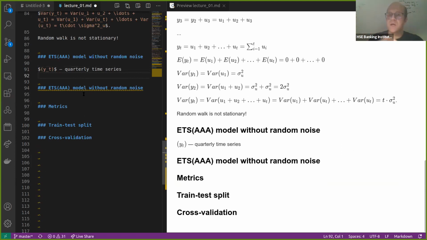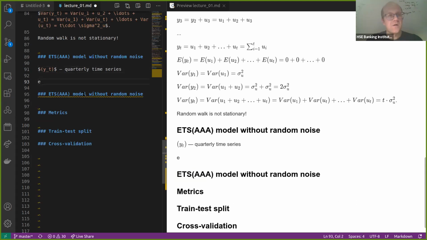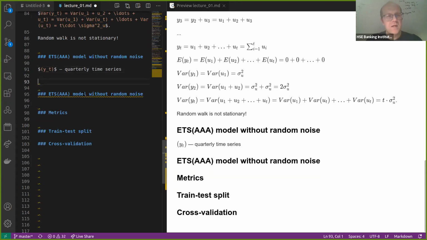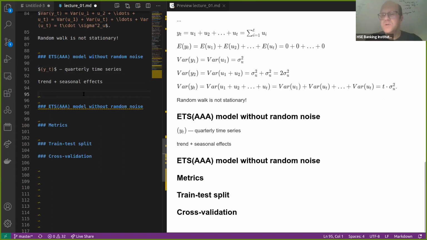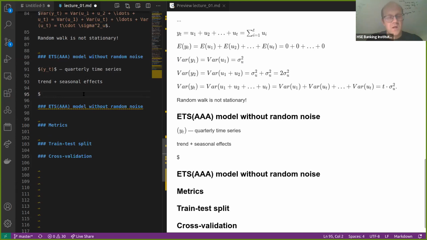Y5 is next year, Y6 is next year, and so on. Okay, and imagine a model with no error for the moment, but with trend plus seasonal effects. And let's introduce some notation.